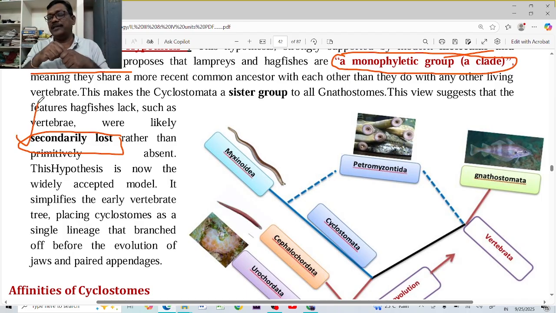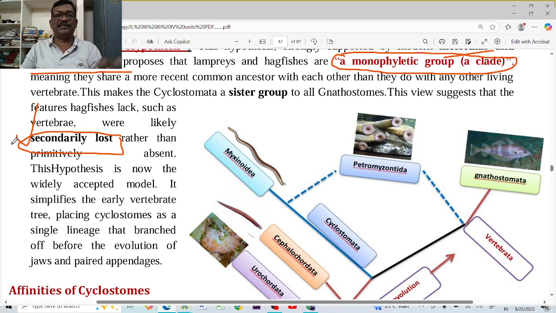But here it is saying that whether the vertebral column is present at the embryonic stage or any other life cycle stage or the adult stage is not the matter. Whether it is present in the body at some stage or not is important. If it is present at the embryonic development, okay, no problem. At any stage of the life cycle, it should be present in the body.